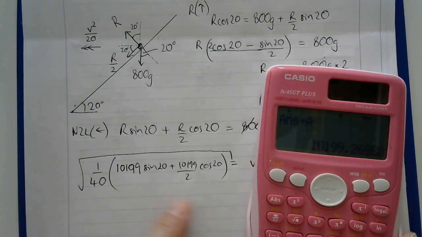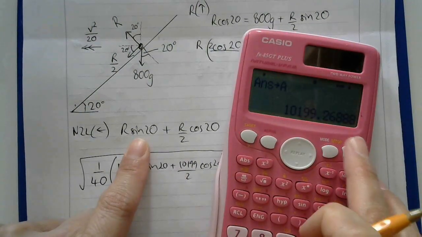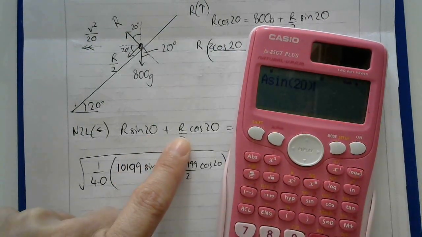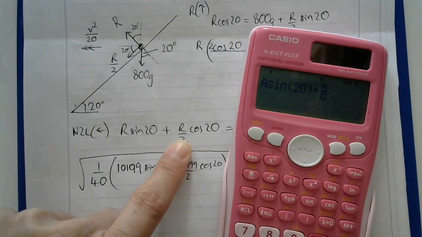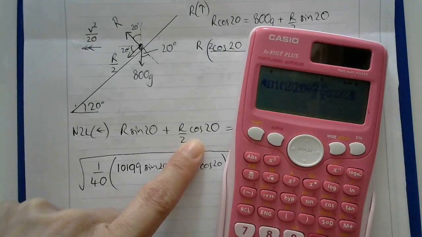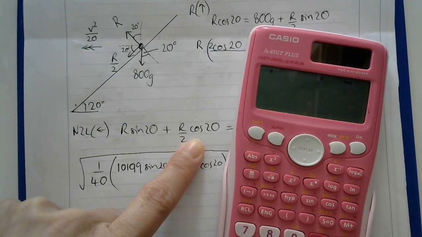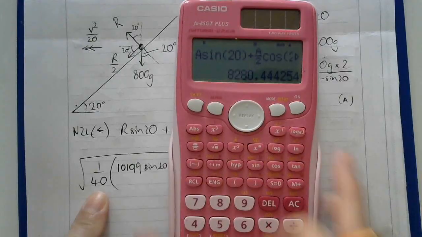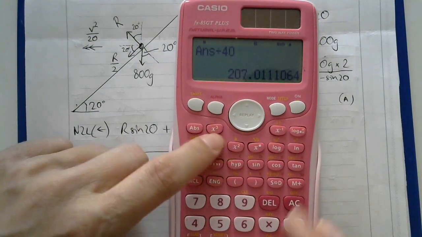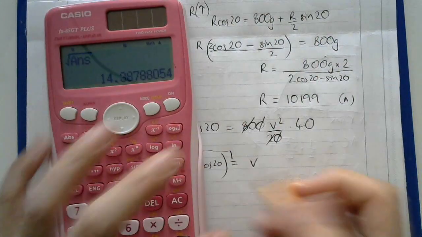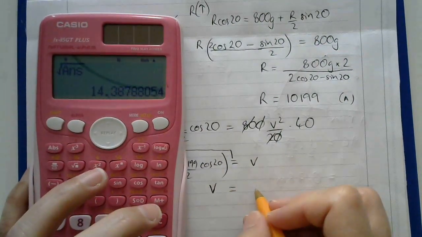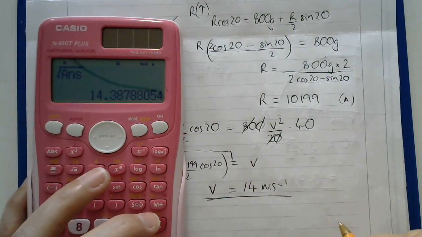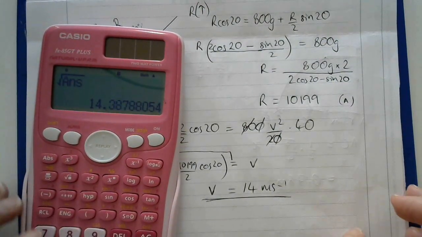So I've got A sine 20 plus A over 2 times cos 20, which is what goes in this bracket. Then I divide it by 40, and then square root it to give me the maximum value of v. So v is 14.4, or I could just round it to 14 metres per second. That's the whole question.